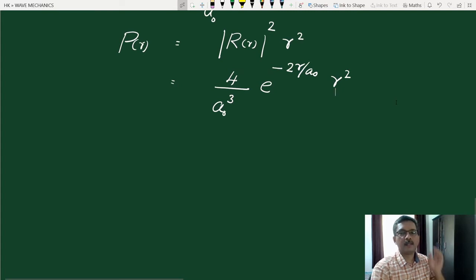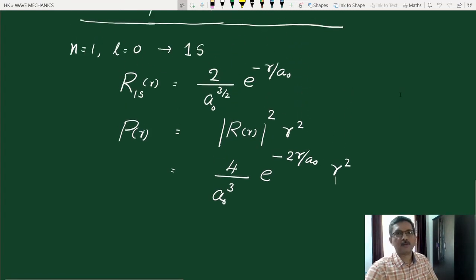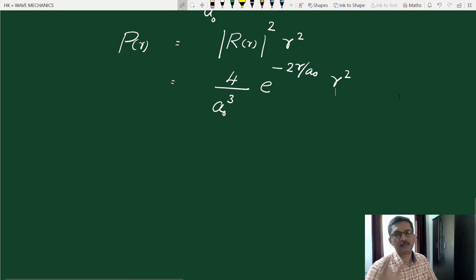So this is the radial probability. Then we want to find out the most probable radial distance, meaning the radial distance at which the radial probability becomes maximum.